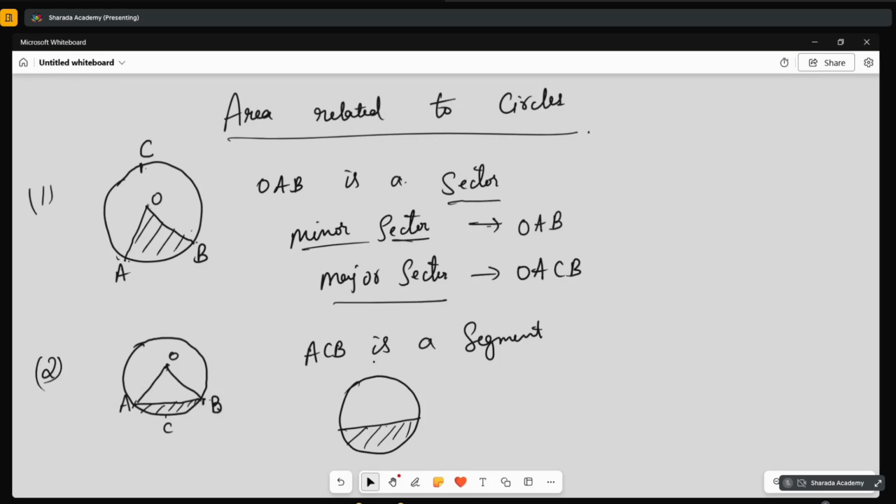So what is the minor segment? Smaller portion of the circle. Major segment is the major portion of the circle. So this is the minor segment here, and this portion is the major segment. Okay. Write down now.